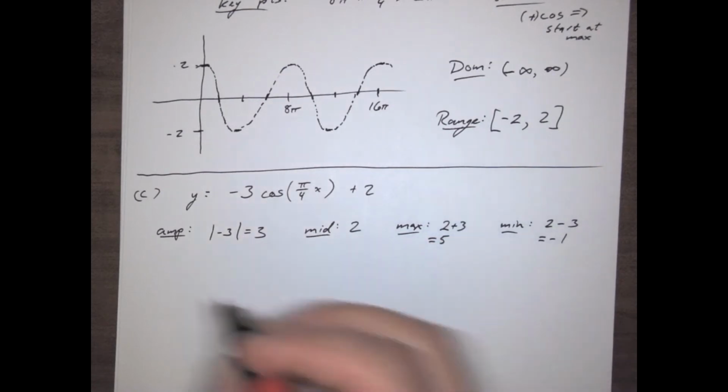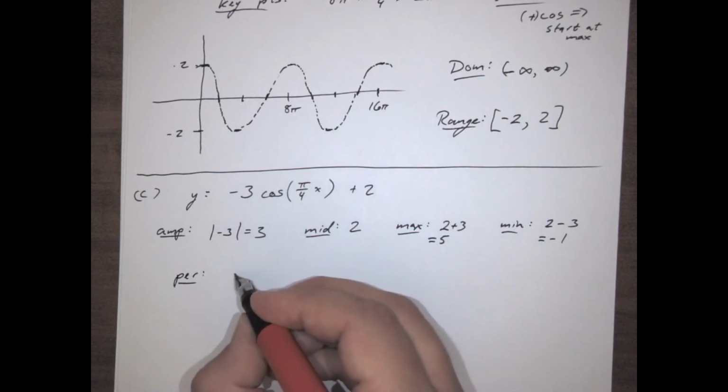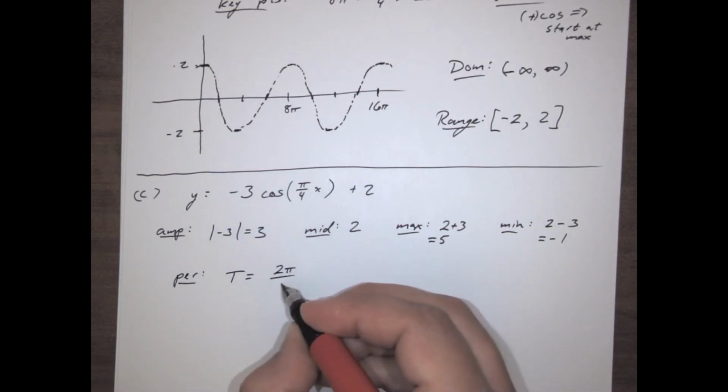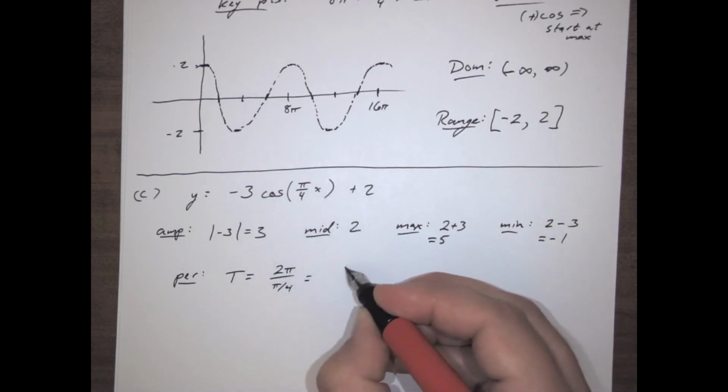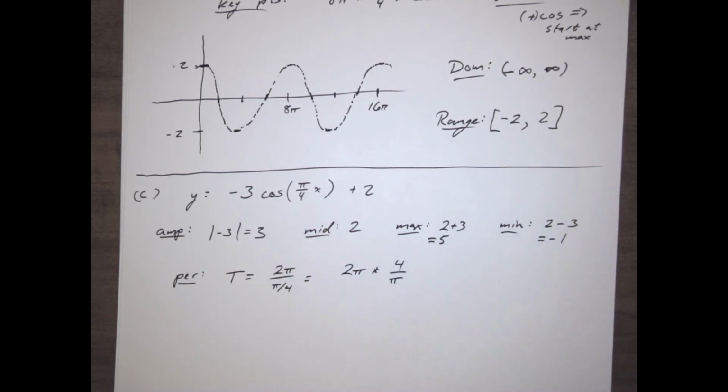And as for the other stuff here, the period, T, is equal to 2 pi over pi over 4, which again we just write as multiplication by the reciprocal, the way you divide fractions.